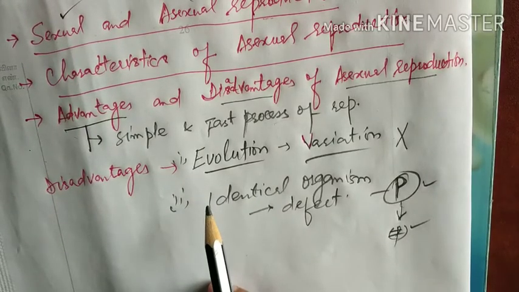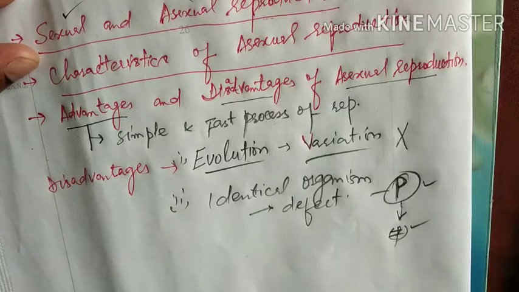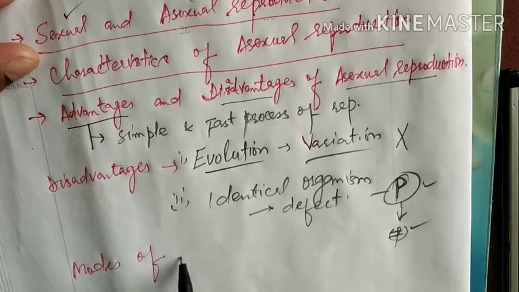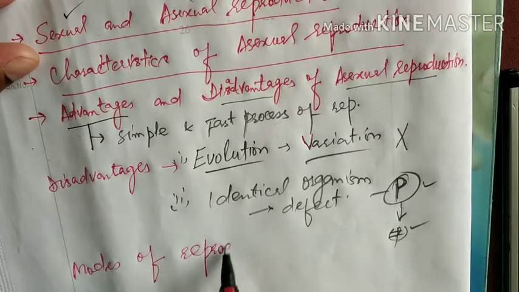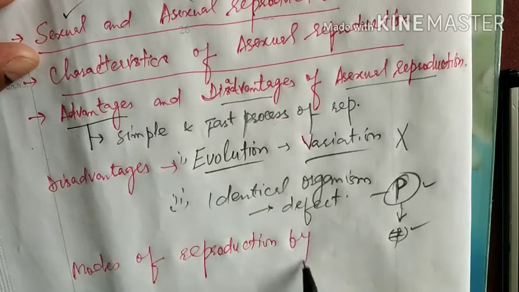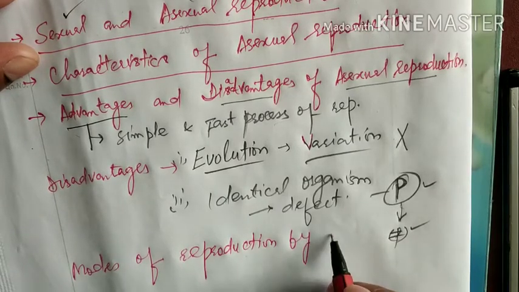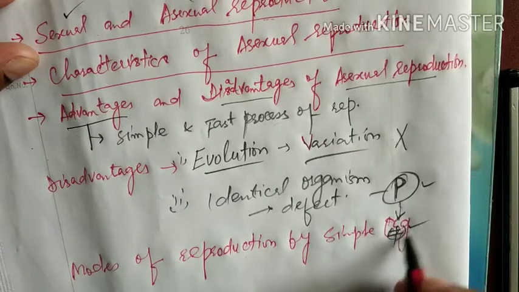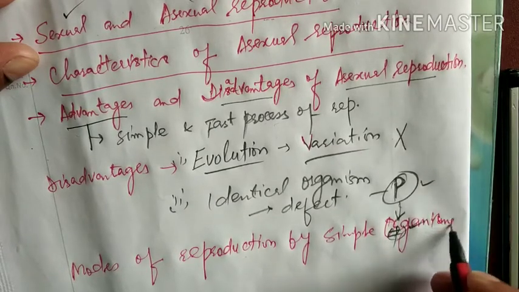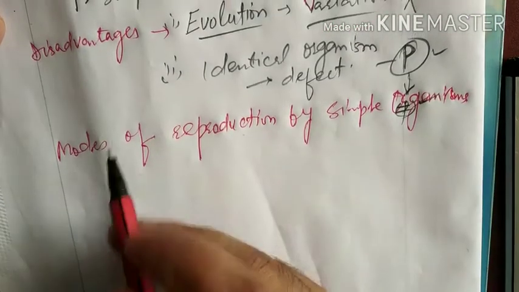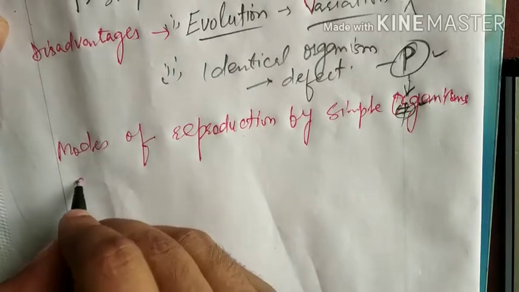Let us discuss the different modes of reproduction by simple organisms. Number one, we can study fission.